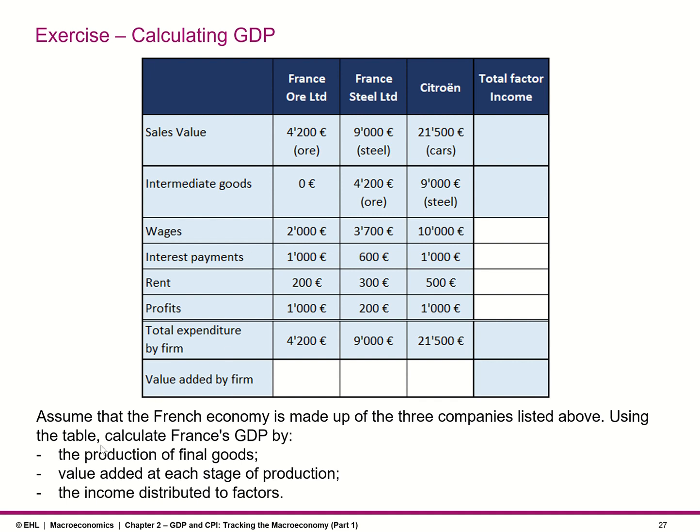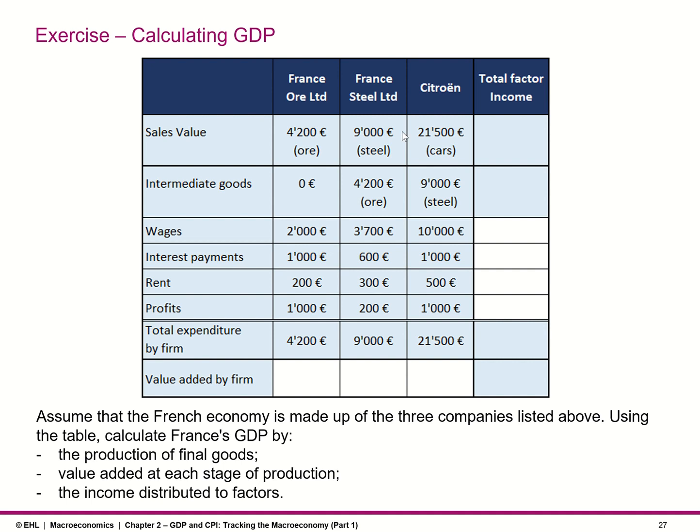For instance, let's take this representation of the French economy, of course a very simplified one, made up only of three companies: France Ore Limited, France Steel Limited, and Citroën, the car manufacturer. We want to calculate France's GDP according to these three methods. First, the production of final goods.